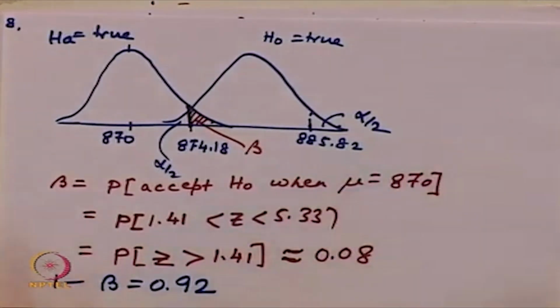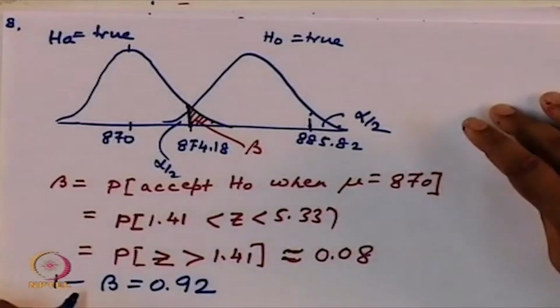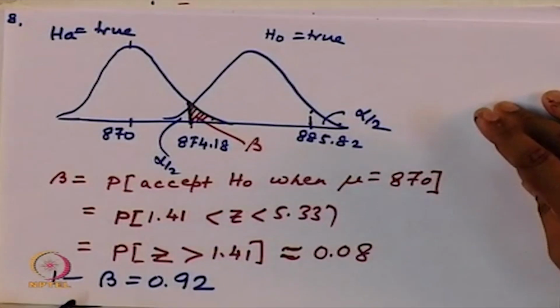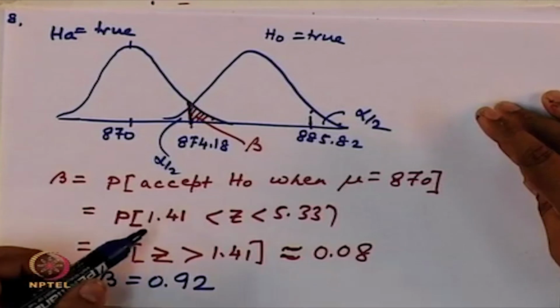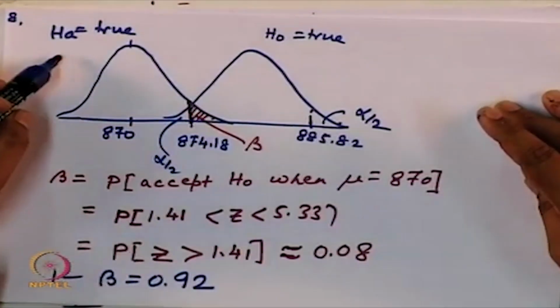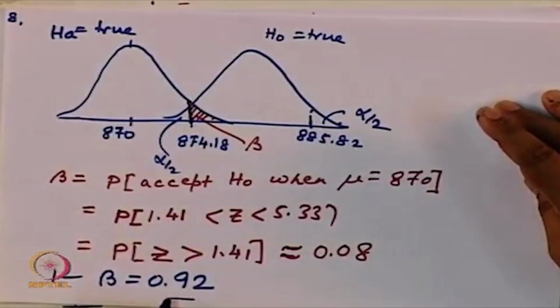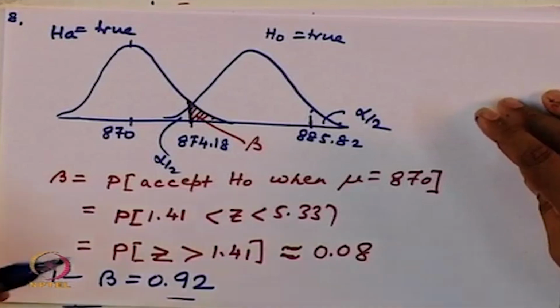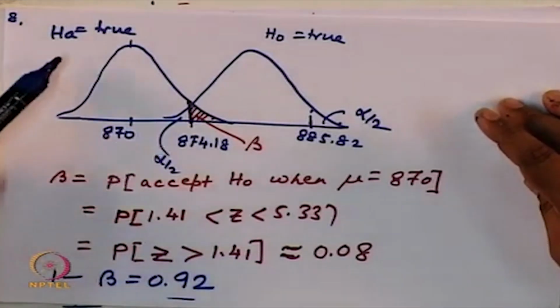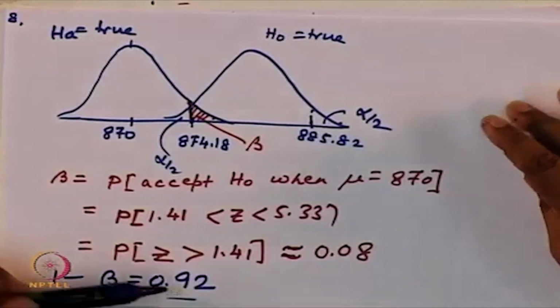So the probability of rejecting H naught when HA is true is 92%.